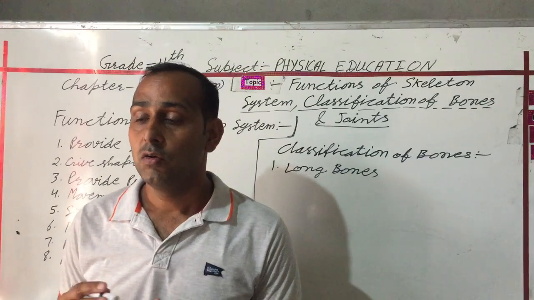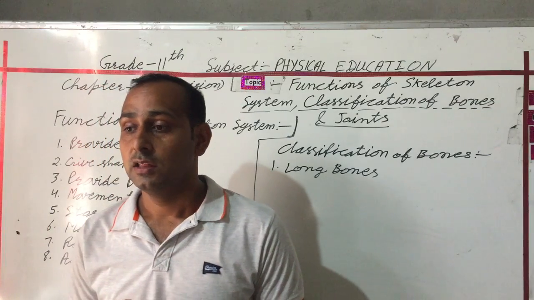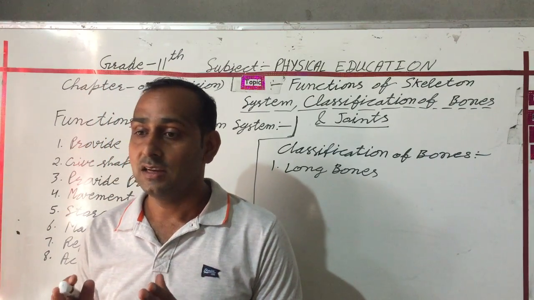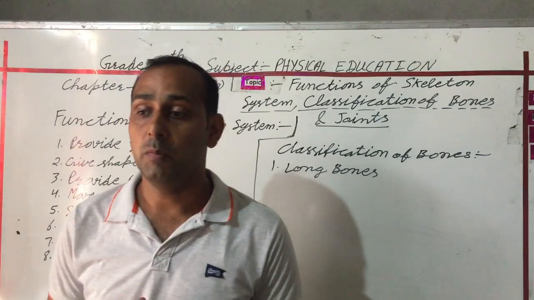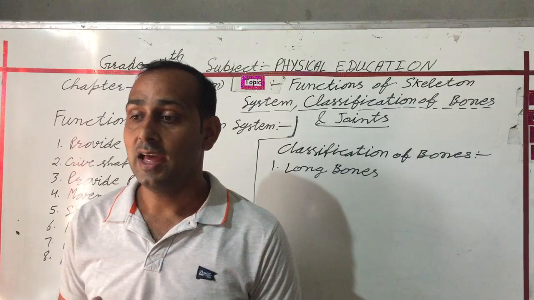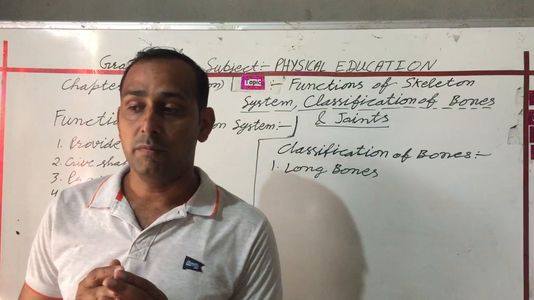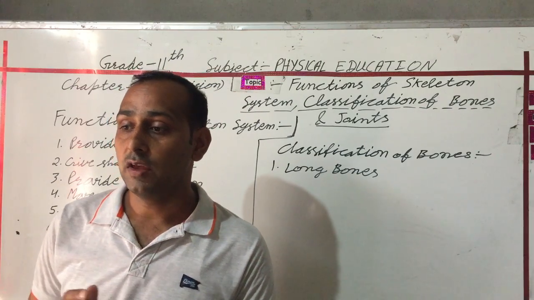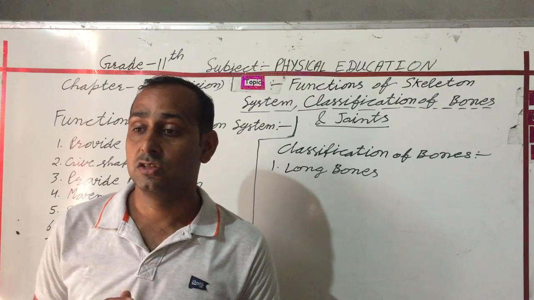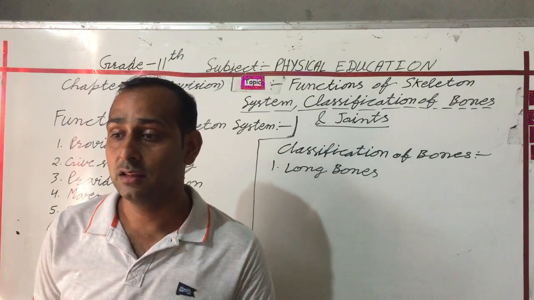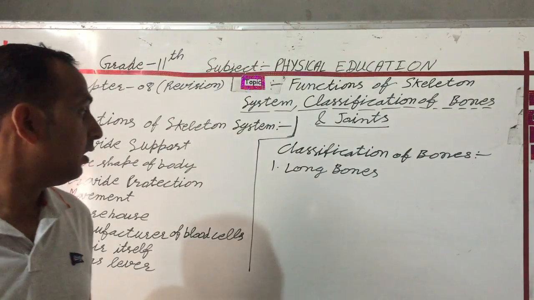Long bones are found mainly in the upper and lower limbs. These bones act as levers in our body and help in making movement possible. Long bones such as the humerus and femur consist of a shaft and two extremities each. Due to their length, these are called long bones.